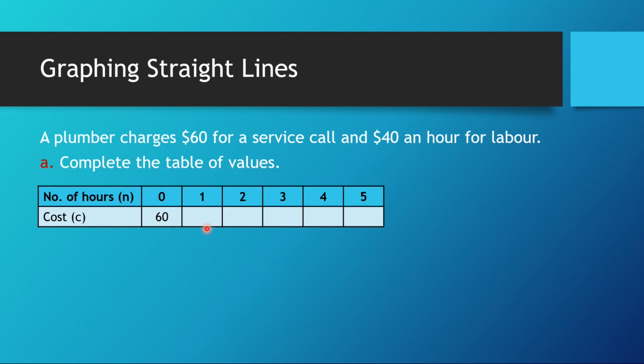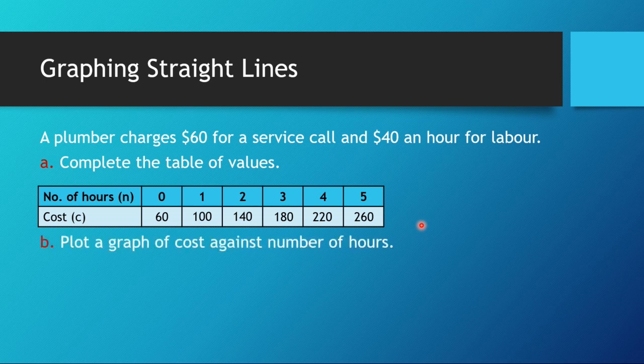Now if he works for an hour, then that takes it to 60 plus 40, so $100. And then if the plumber works for another hour, another $40. And then another $40 for each consecutive hour. So you can see it starts at $60 and it goes up by the same amount each time, $40. There's our table of values.